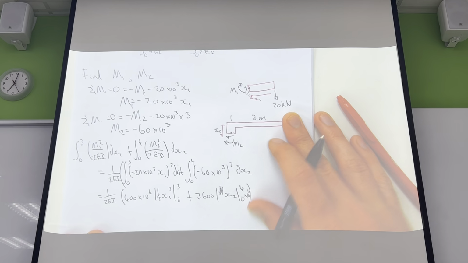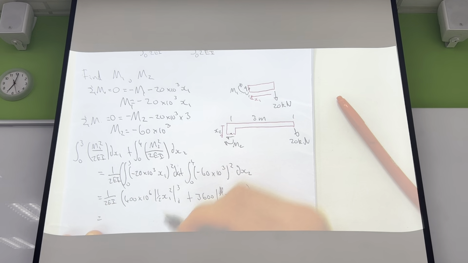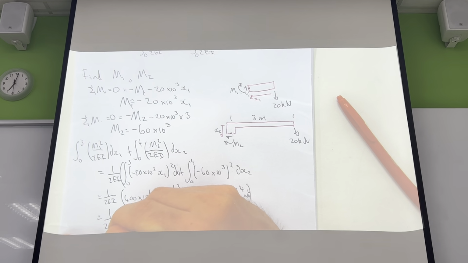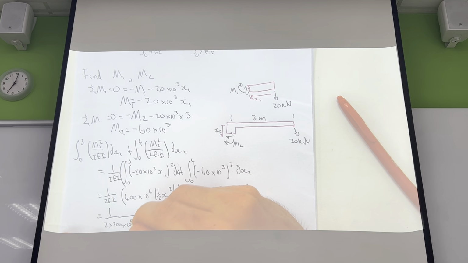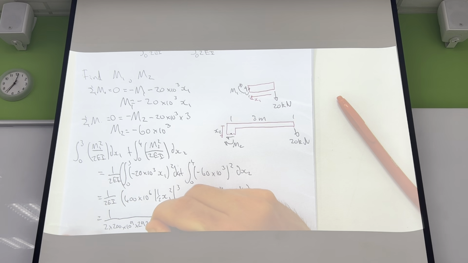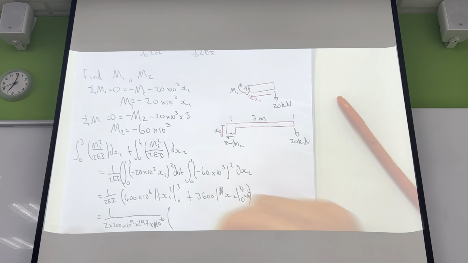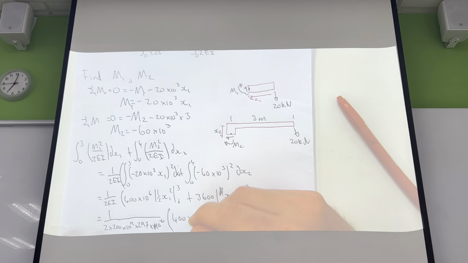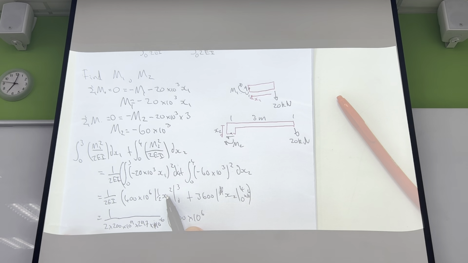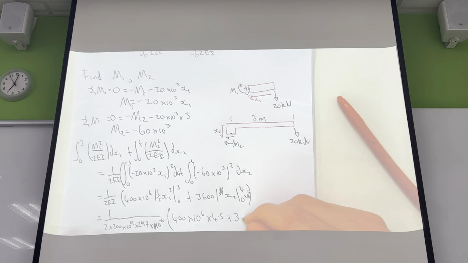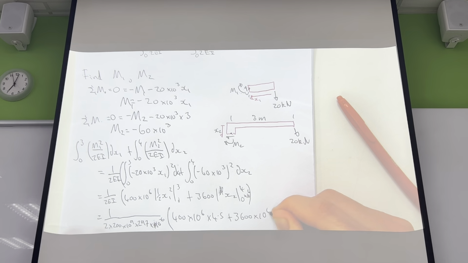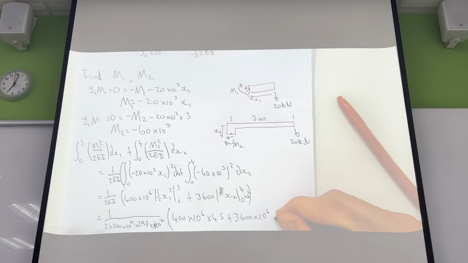Pretty straightforward. 1 on 2 by 200 to the 9 by 297 by 10 to the negative 6, by 10 to the 6. 3 squared is 9, divided by 2 is 4.5, so that's 4.5, plus 3,600 by 10 to the 6, and let's just toss up 4.